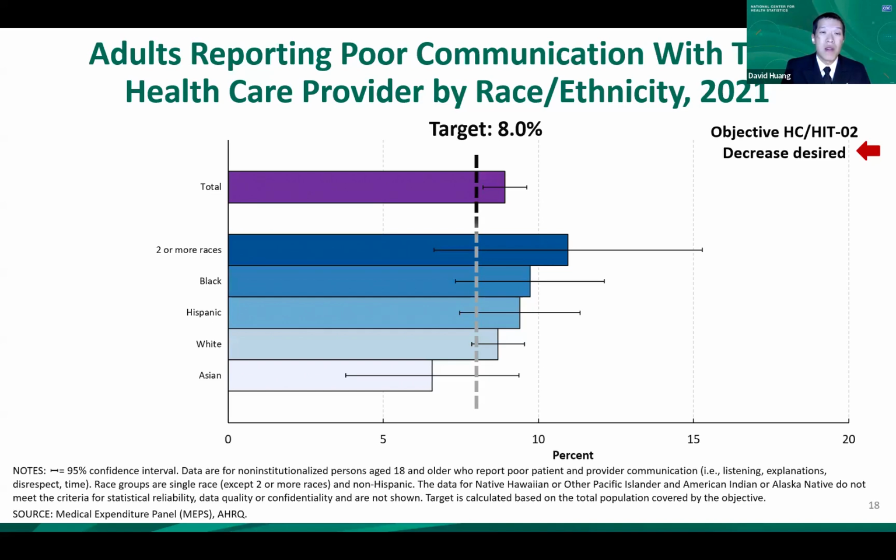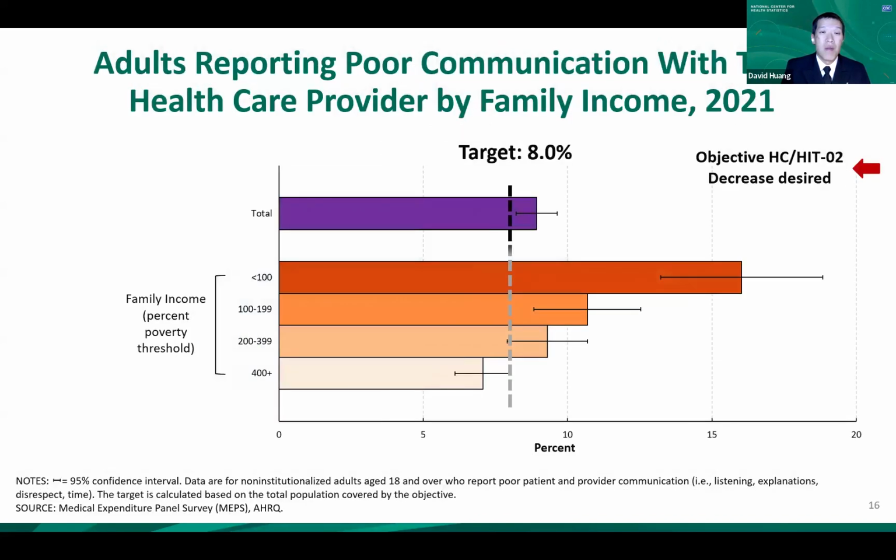Next slide, please. This slide shows adults reporting poor communication with their healthcare provider by family income in 2021. Among income groups, all adults with a family income less than 100% of the poverty threshold reported the highest rate, 16.0%, and adults with a family income more than 400% of the poverty threshold reported the lowest rate, 7.1%. Next slide.